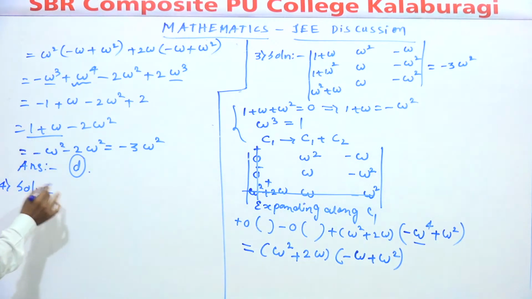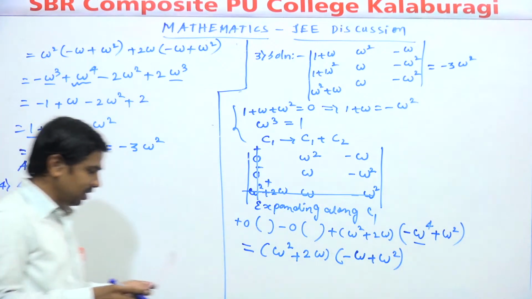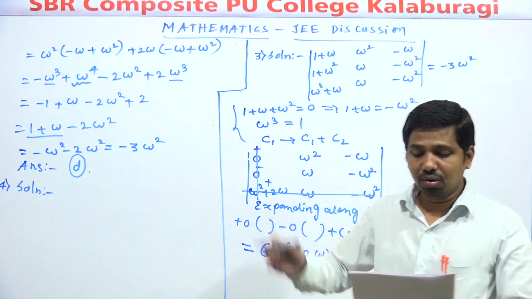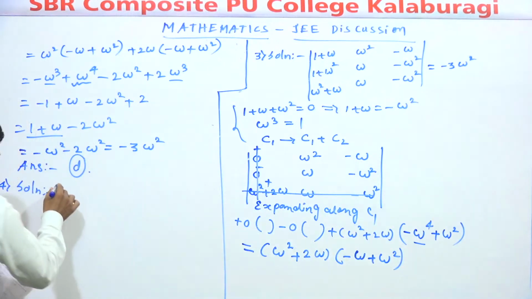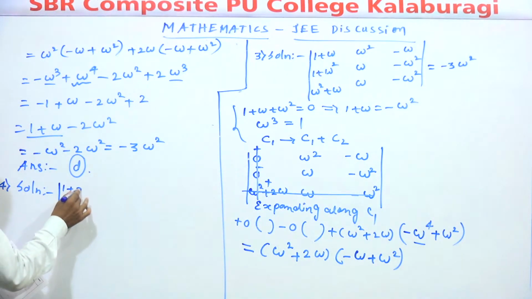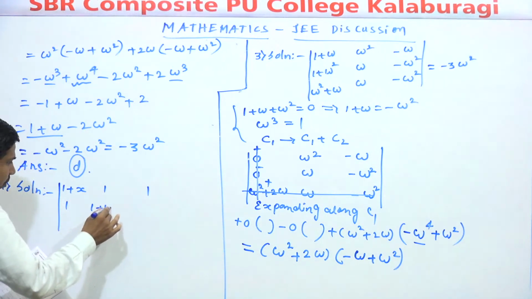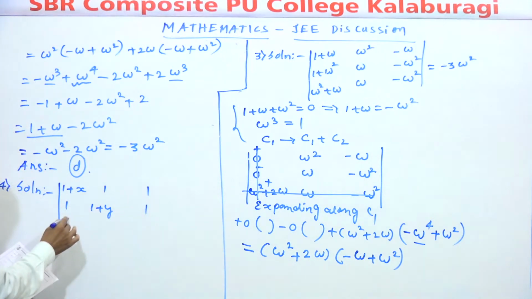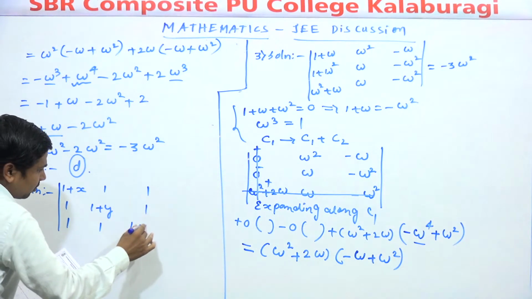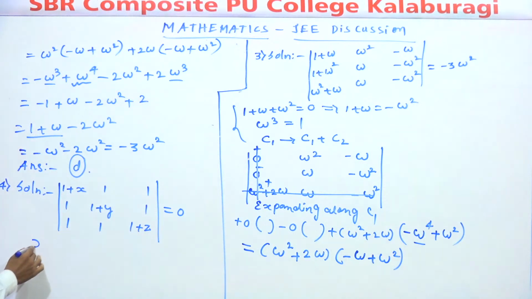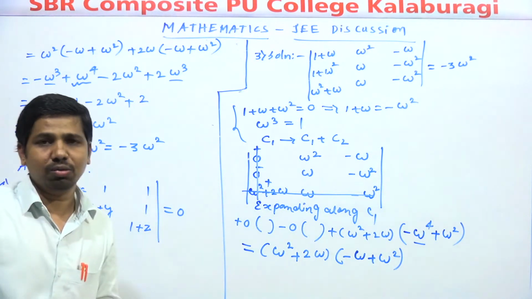Fourth question. If x, y, z are all different from zero and the determinant of 1 plus x, 1, 1, 1, 1 plus y, 1, 1, 1, 1 plus z is equal to 0, what is the value of x inverse plus y inverse plus z inverse?